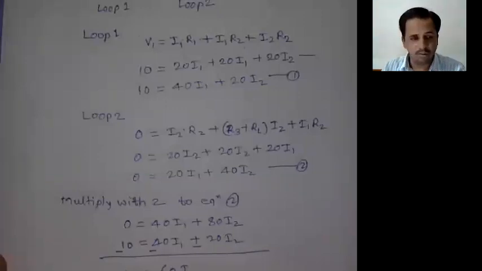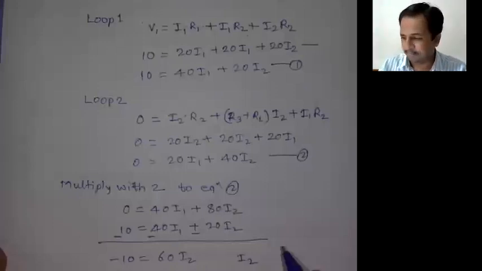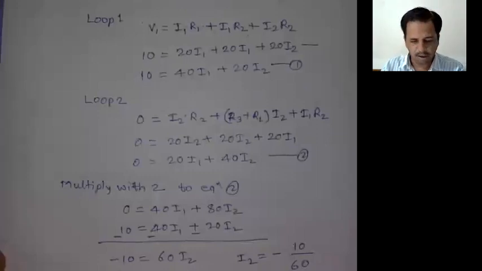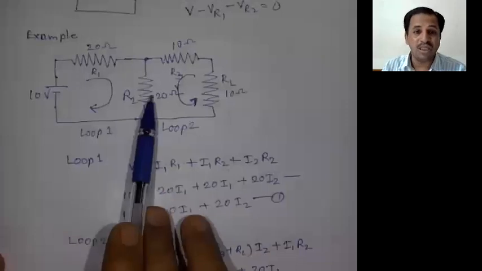Now we get this equation. What is the value of I2? I2 is nothing but minus 10 upon 60. Why does the minus sign appear? We have to consider the current flowing through this R2 branch.